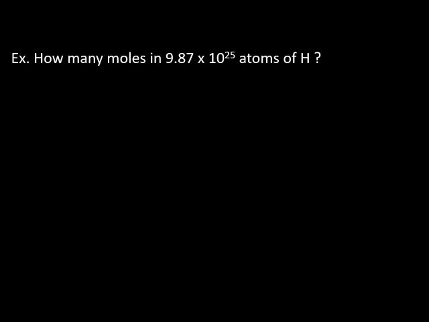All right, second example. How many moles are in 9.87 times 10 to the 25 atoms of hydrogen? So this is just the same equation, but we're going to rearrange it so that we figure out the lowercase n, number of moles. So that's equal to N over Na.